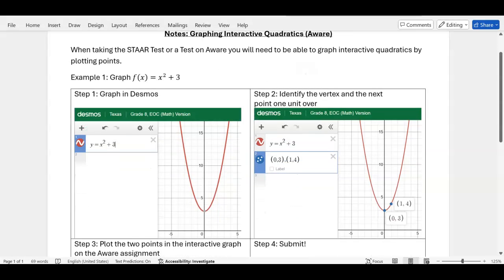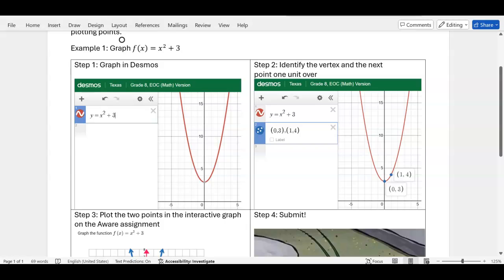So here's an example. Look, x squared plus 3. Y'all see that? So step 1, go to Desmos and graph x squared plus 3. Pretty easy, right? Now, step 2 is identifying. You need to figure out 2 points on that graph that are on the grid.